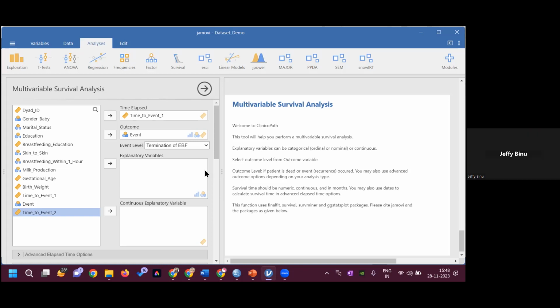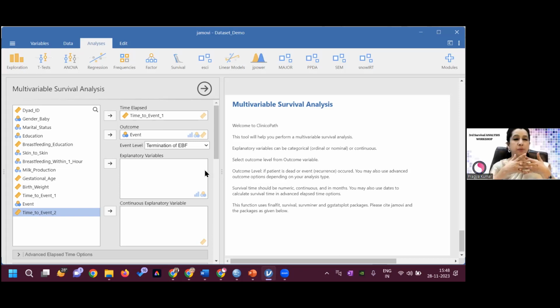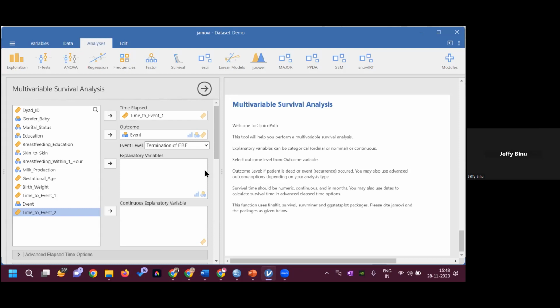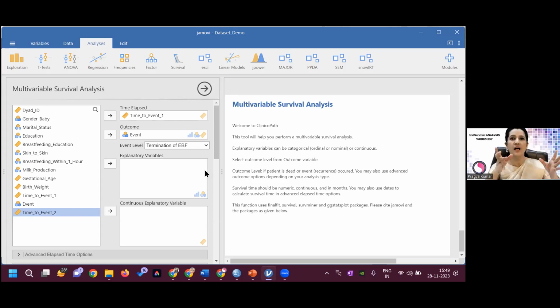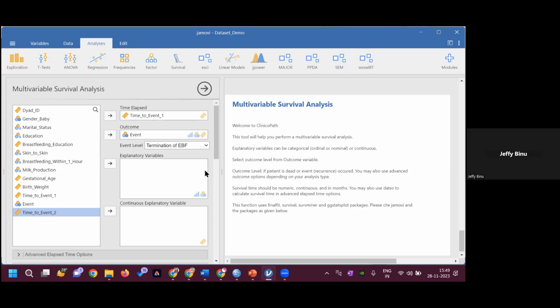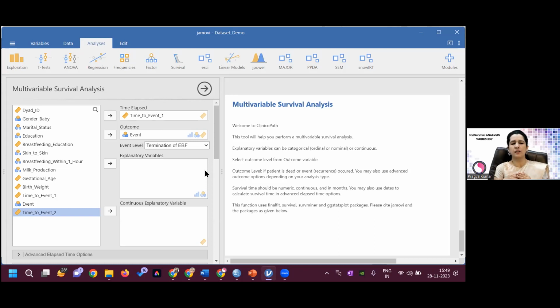How do you decide which variable to take as an explanatory variable, based on which criteria? Binary outcome. Agree? So you see the unadjusted, and then you see the p-value. Yes, Ria has written, Prashant is also writing. So you take the unadjusted odds and then the p-value, and those variables which have got up till 0.2, you take that.